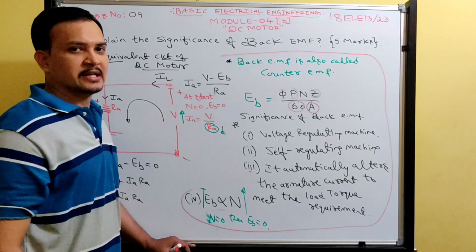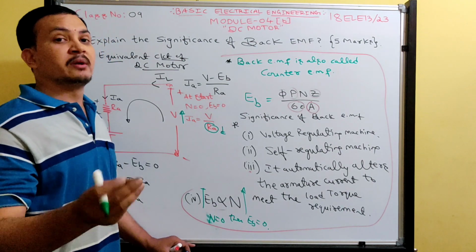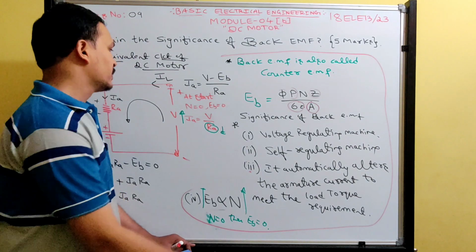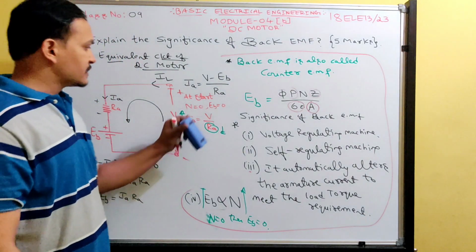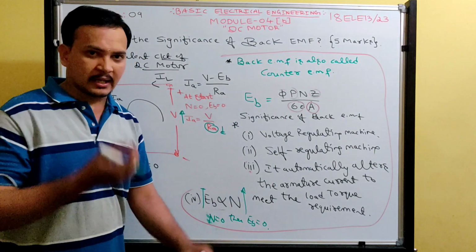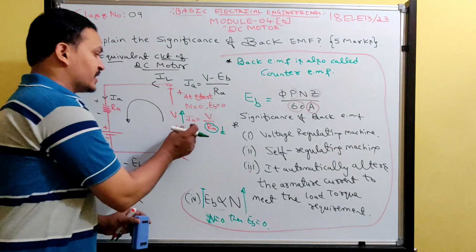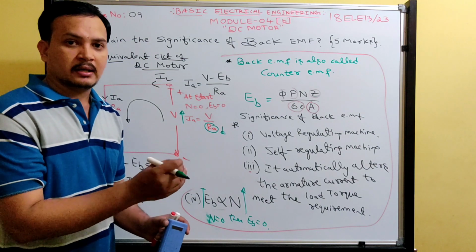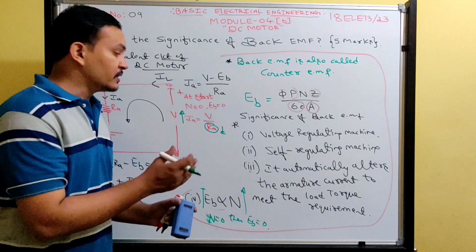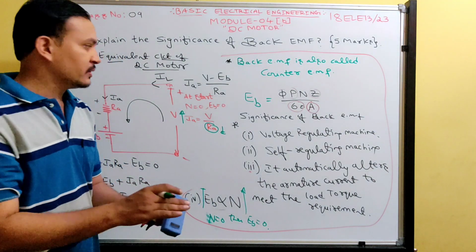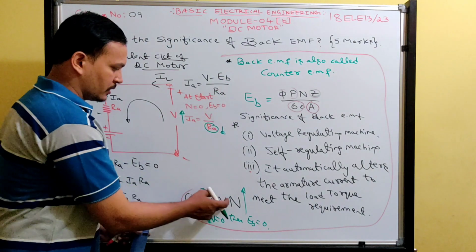Starters are nothing but devices that limit the starting current. This analysis does not come under the significance of back EMF, but this current can be limited by using external resistance. Once it comes to a safer value, then the armature runs.